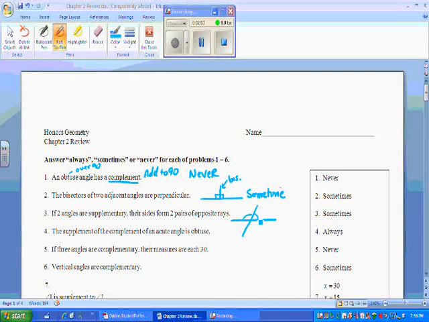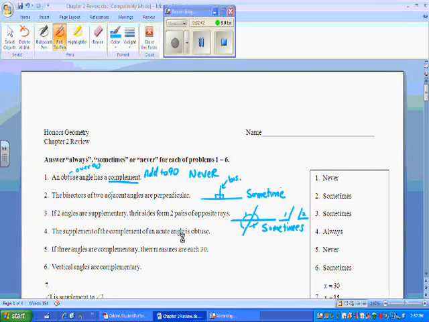These two are supplementary, and these two are supplementary, saying, hey, look at us, we form opposite rays. But maybe this angle here and this angle over here are supplementary. Maybe these two angles are supplementary, but then they don't form opposite rays of each other. So somewhere it needed to say that they were adjacent and for that to always happen. So in this case, this sometimes happens.